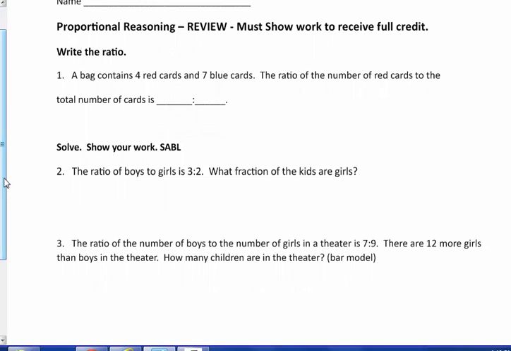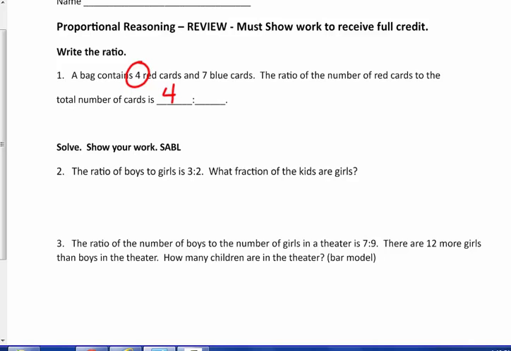Question number 1 says, write the ratio. A bag contains 4 red cards and 7 blue cards. The ratio of the number of red cards to the total number of cards is, well, the red cards, if I look carefully, is 4.